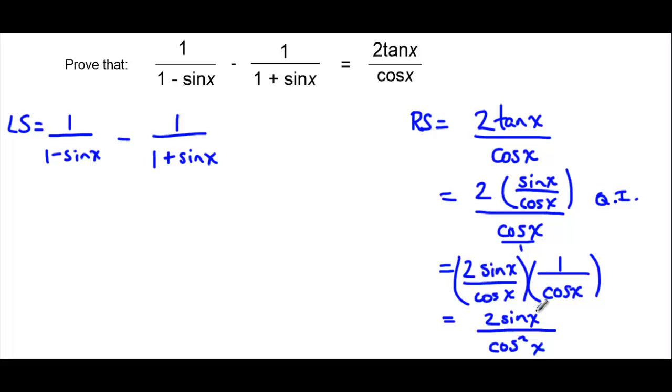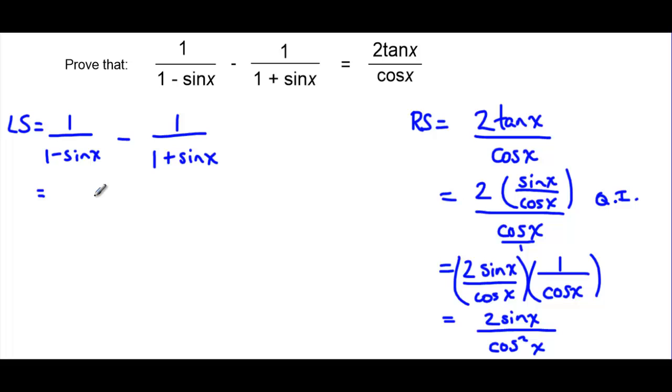But let's just look at the left side and see what happens, and then maybe we can adjust if we need to. In order to make two fractions into one fraction, we need to subtract. And in order to subtract, we need common denominators. Our denominators might look similar, 1 subtract sine x and 1 plus sine x, but in fact they are not common.